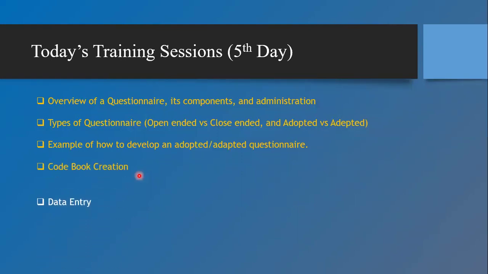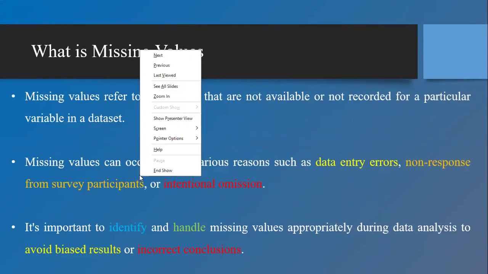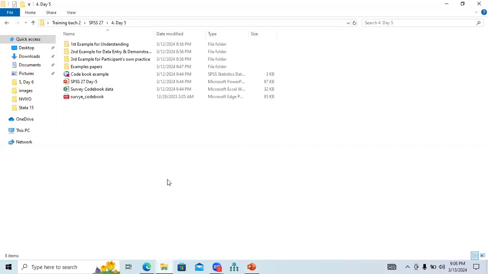Today, we will discuss how to enter data and how to do the missing value analysis, which is the starting point of analysis of your data. So, first of all, I would like to let you know how to do the data entry.